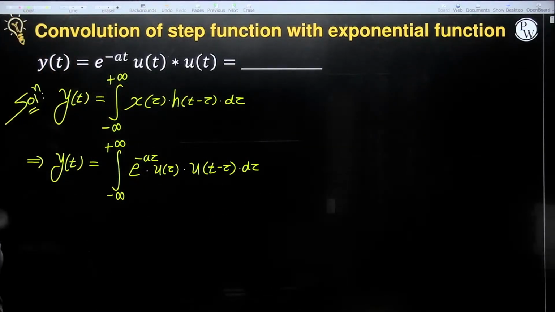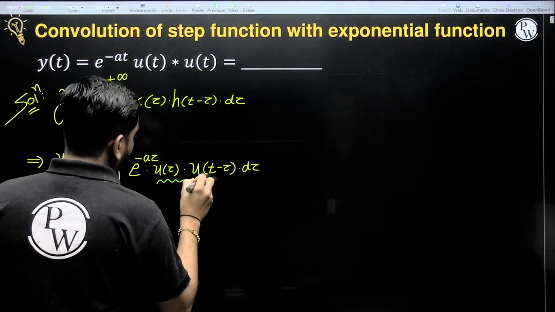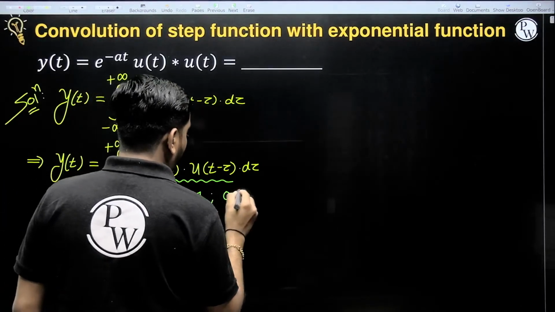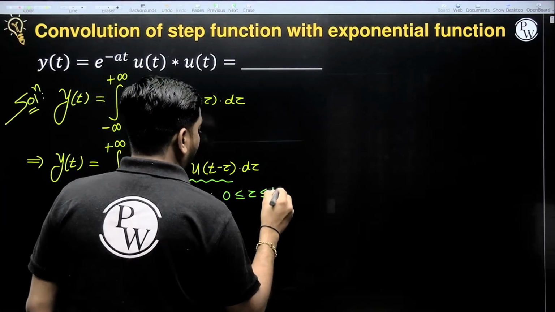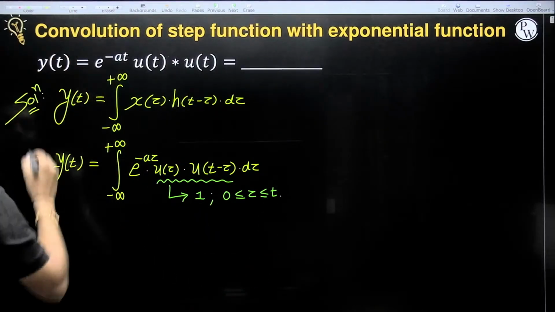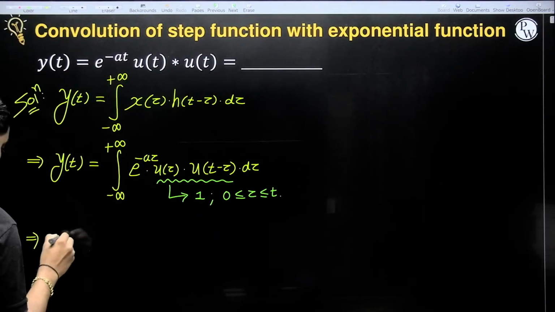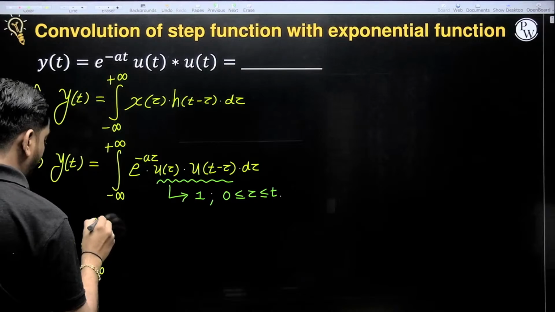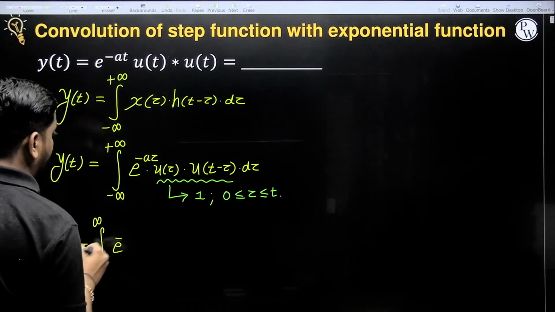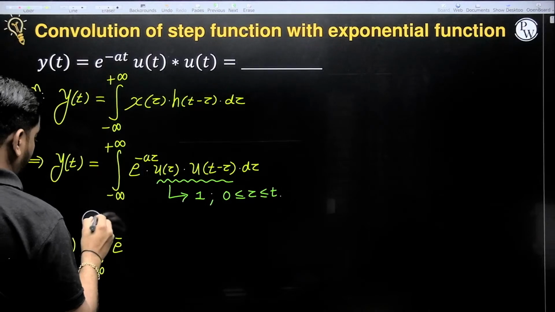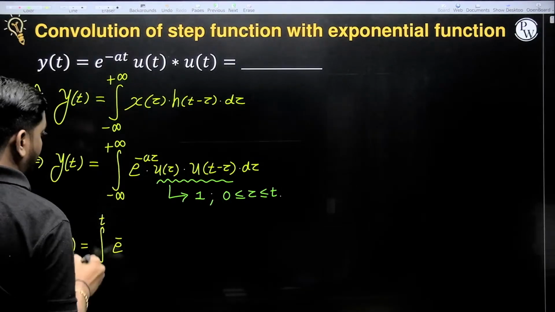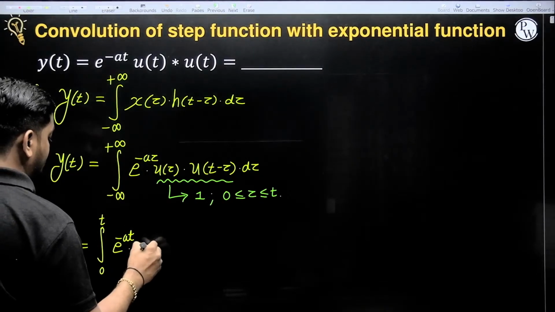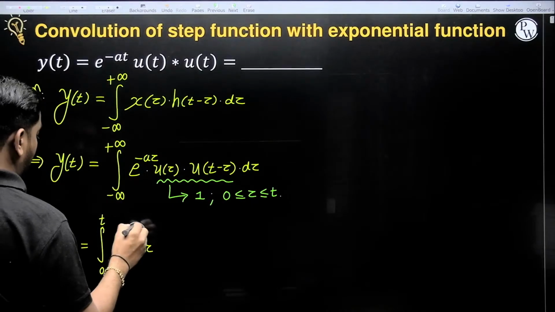Now already we have seen, guys, u of tau into u of t minus tau, their amplitude is 1 when tau lies between 0 and t. So y of t is equal to integration 0 to t, e to the power minus a tau d tau.